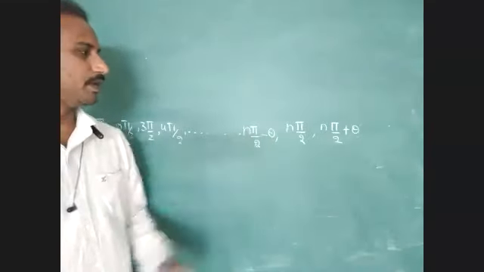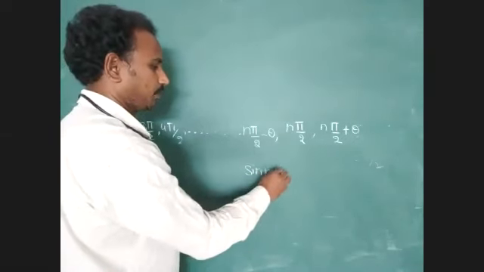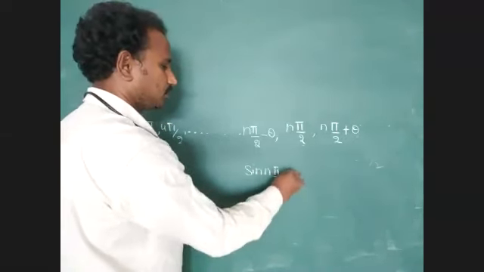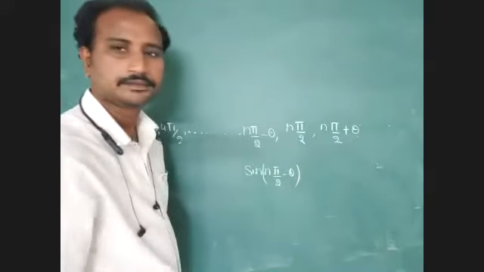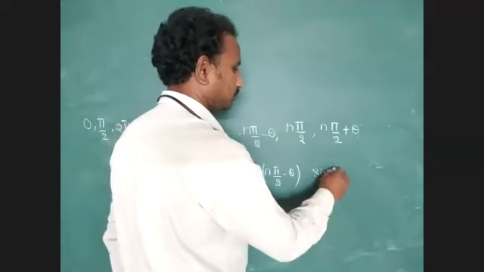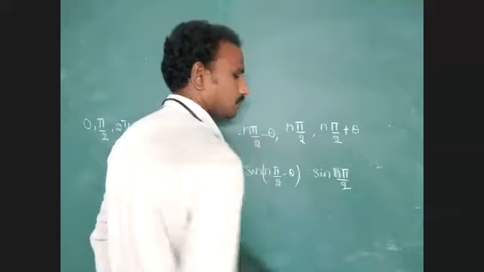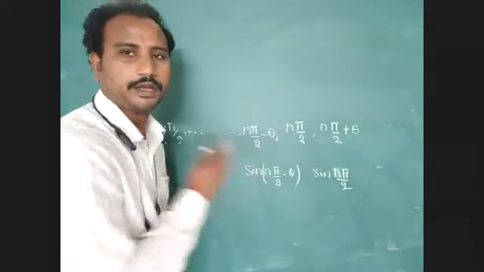Sine of n pi by 2 minus theta. Okay, sine n pi by 2, the direct angle. N pi by 2 means 0 degree, 90 degree, 180 degree, 270 degree.